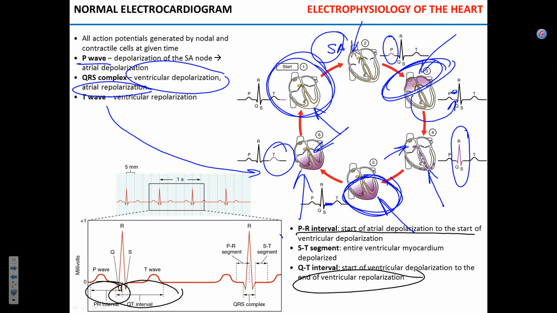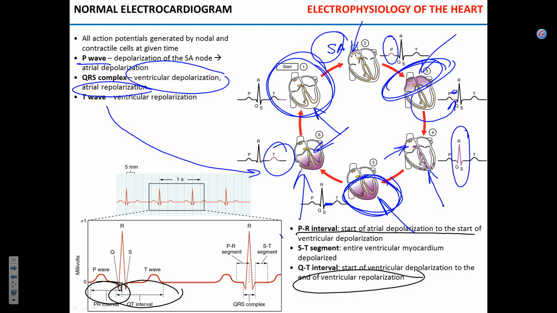Does that make sense? Because if the bundle branches, for instance, are damaged, one kind of reason, it may lead to increased QT interval. Say you have an infection in the heart. Myocardium is damaged, there is an inflammation, signal doesn't go through well. Okay, so you have elevated QT interval.